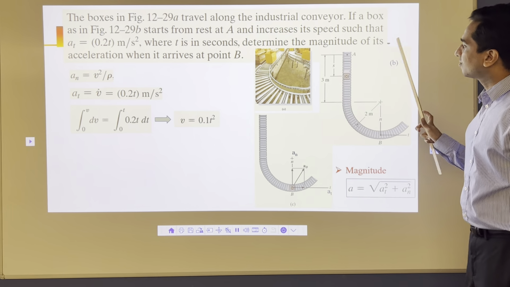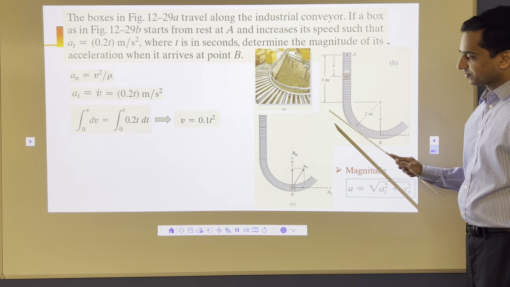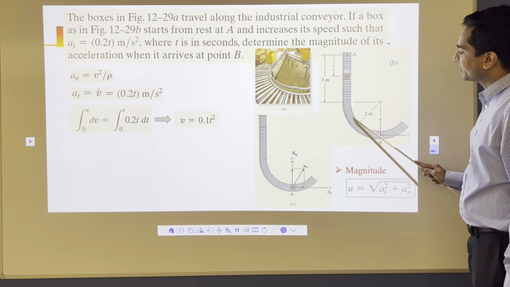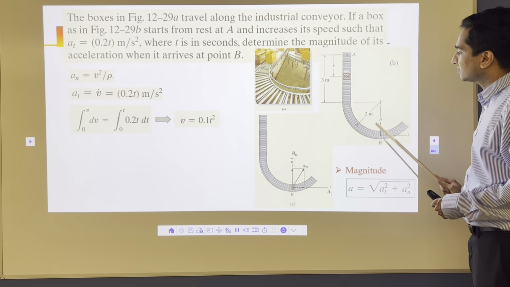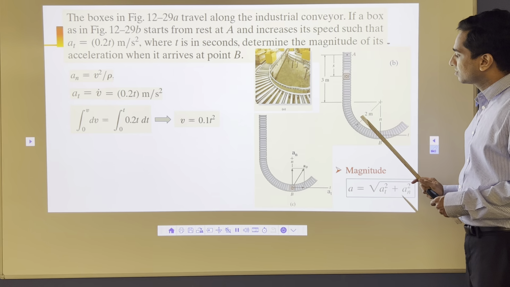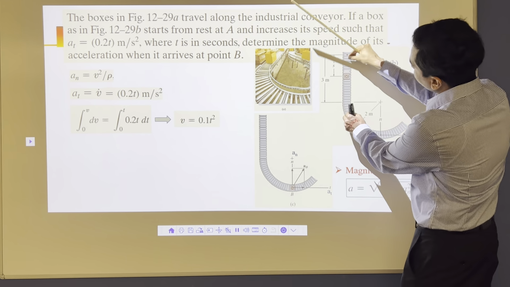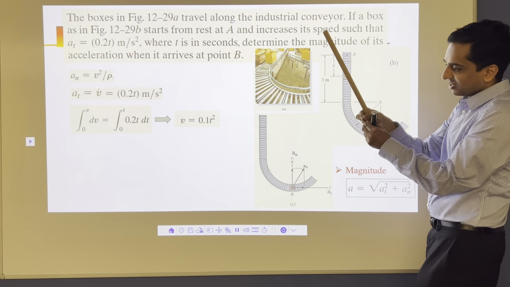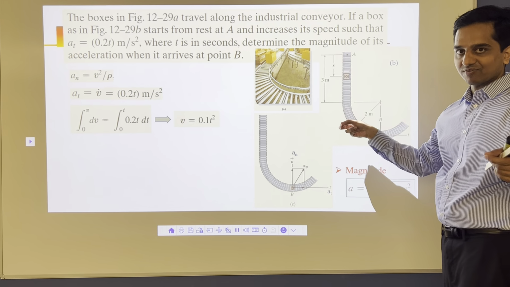What we know in this problem is that this is 3 meters and this is a quarter circle of radius 2 meters. It means we know how much distance the box traveled from A to B. That's linear distance traveled. Linear distance means if I take a thread and measure its length from A to B, that's my linear distance traveled.